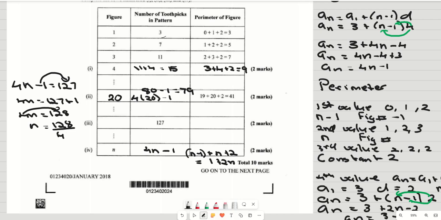So that would be, I believe it's 32. Let me just check and make sure. That's equal to 32. So when you know that n is equal to 32, this becomes so much easier.